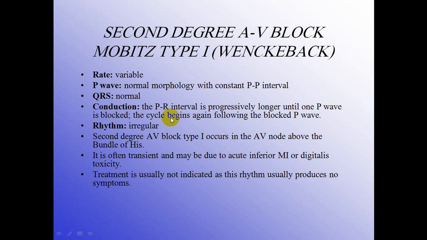The cycle begins again following the blocked P wave. Rhythm is regular. Second degree AV block type 1 occurs in the AV node, above the bundle of His. It's often transient and may be due to acute inferior wall MI or digitalis toxicity. Treatment is usually not indicated, as this rhythm usually produces no symptoms and no hemodynamic compromise.